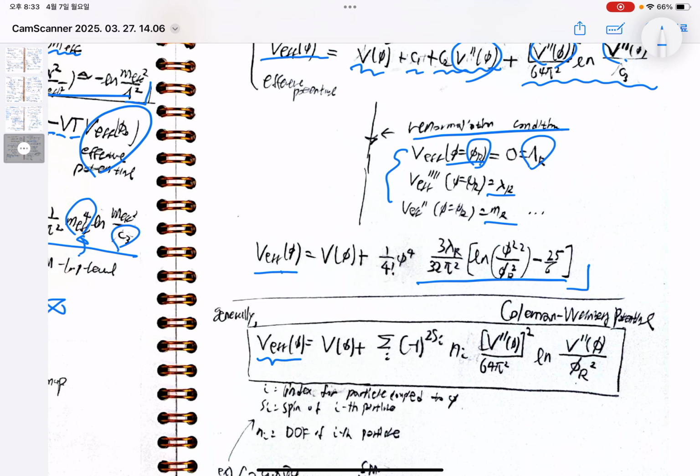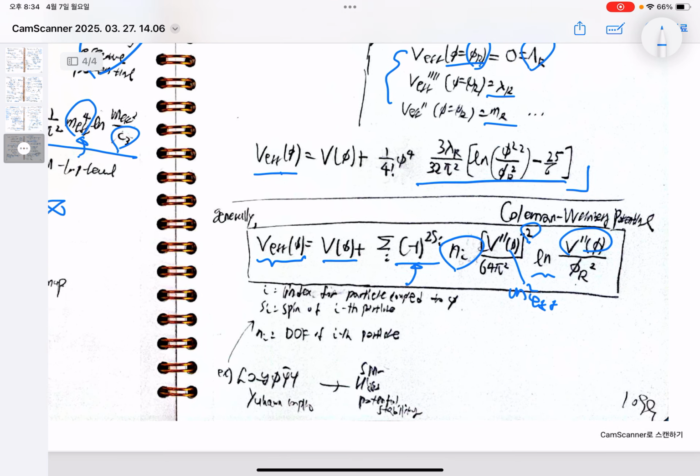The effective potential is given by the tree-level term and an additional sign depending on whether the particle is a fermion or a boson, the degrees of freedom of the particle, the effective mass to the fourth power, and the logarithm of the effective mass squared over the renormalization scale.